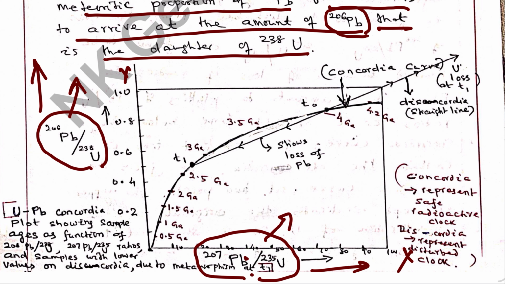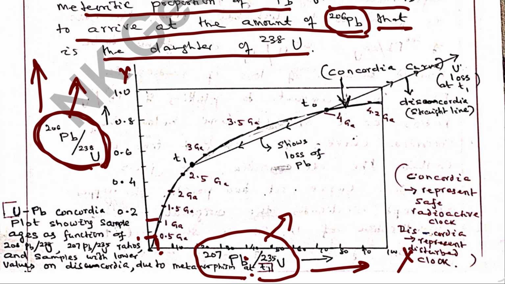When both are found to match, for example, 0.5 giga-years, 0.5 billion years, we ask what is the ratio of Pb207 by uranium-235 that gives 0.5 giga-years and what is the ratio of Pb206 by uranium-238 that gives 0.5 giga-years. So this amount on the y-axis and this amount on the x-axis give 0.5 as the age.